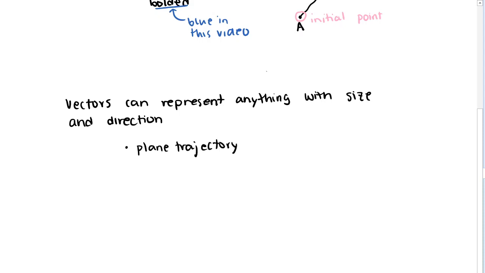Here, the size of this vector might represent the speed at which the plane is traveling, and the way the arrow is pointing might tell you the direction of the plane.